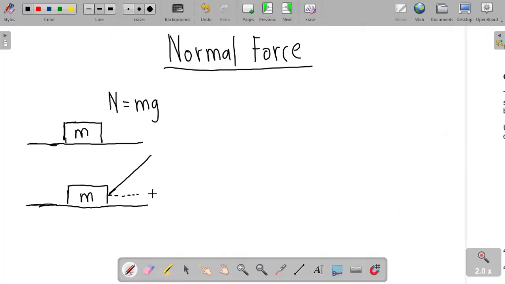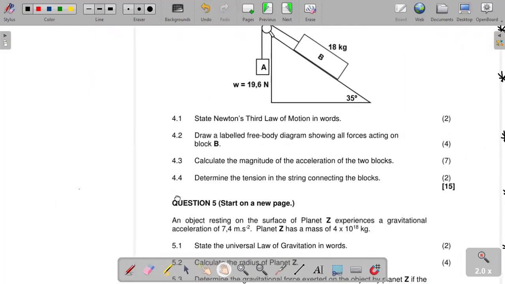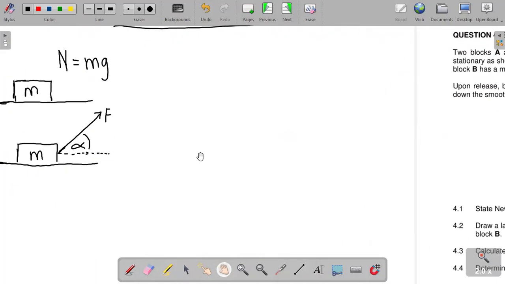Let's make a dotted line here and call this angle alpha. The force is acting diagonally upwards like this, and that's not the same as if the force is acting diagonally downwards.